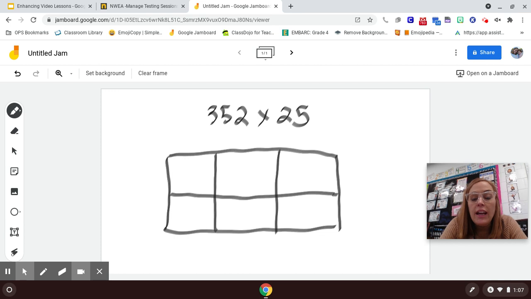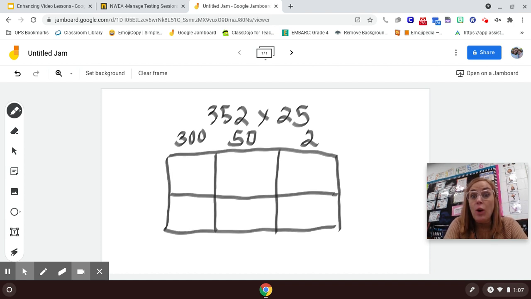So if I'm breaking 352 apart into hundreds, tens, and ones, I am going to have 300 or 3 hundreds. I'm going to have 50 or 5 tens. And then I'm going to have 2 ones, right? Because I know 3 hundreds plus 5 tens plus 2 ones equals my 352.